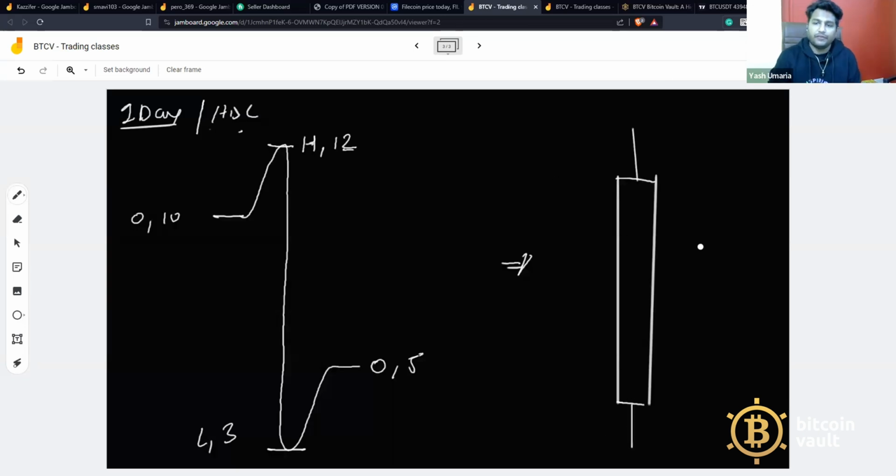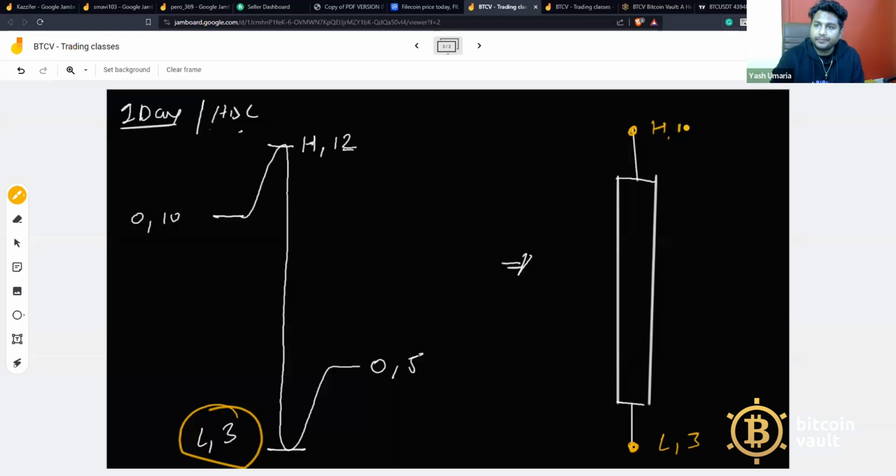So here we have it. Now in this case, what will happen? Most of the things will be simple. Again, a similar thing. Generally, as I said, the low will go at the lower part of the wick. So that's a low, 3 USD. The high will go at the top of the top wick.